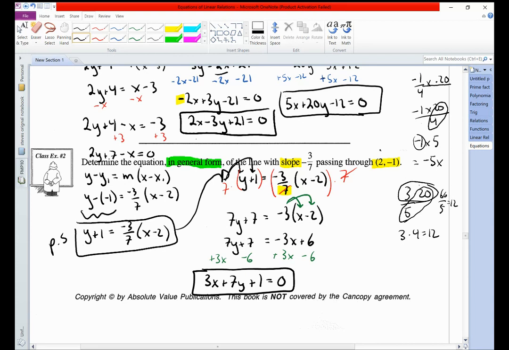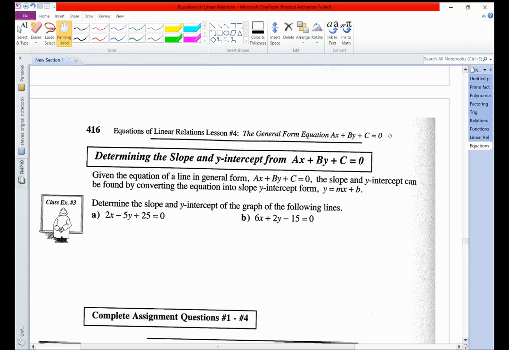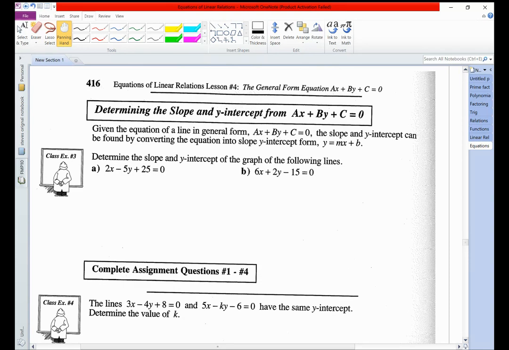Okie dokie, we are going to do one more question. It says determine the slope and y-intercept from the general form. So we have the general form and we want to find the slope and the y-intercept.